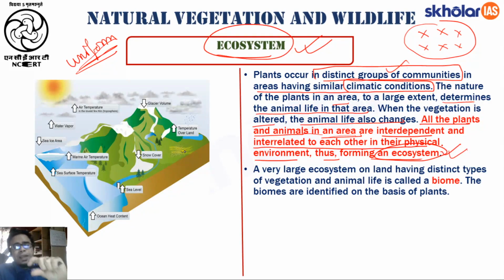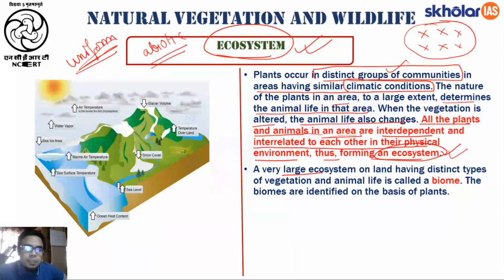So these plant species and animal species are not only interacting with each other, but they are also interacting with the abiotic components which are found there. So what is an ecosystem? An ecosystem is a designated area where the biotic components are interacting with each other along with the abiotic components, right? Always remember, an ecosystem will always have a designated area, all right?